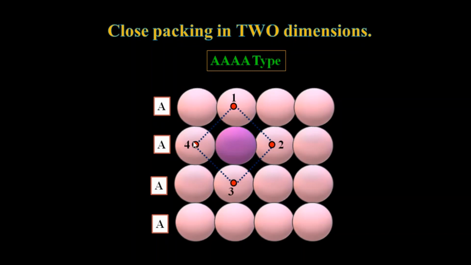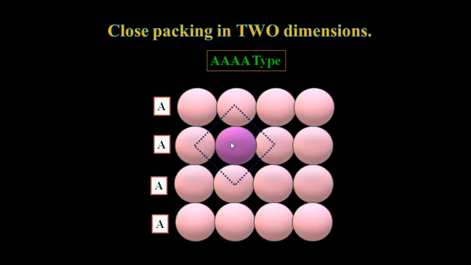It is shown by the square obtained by joining the centers of the four spheres like this. Hence, the coordination number of each sphere is 4 in square close packing in two dimensions. But this type of packing is not efficient as more vacant space is left by the spheres in this arrangement.